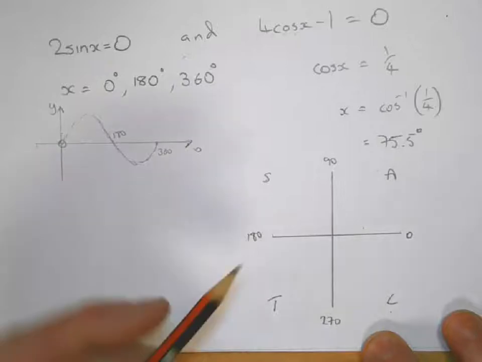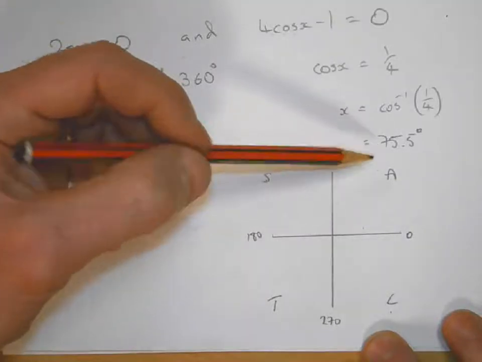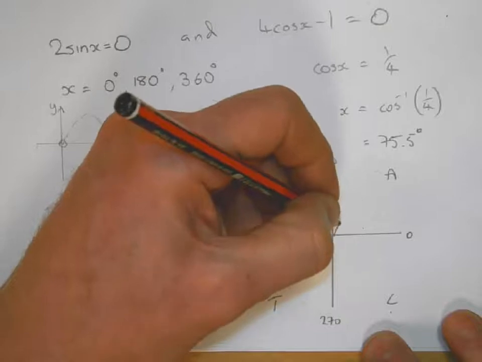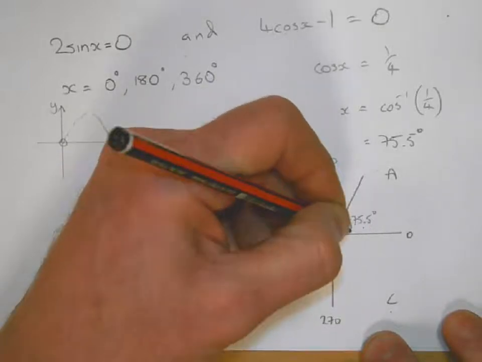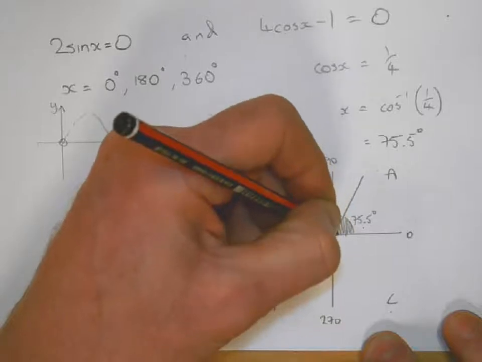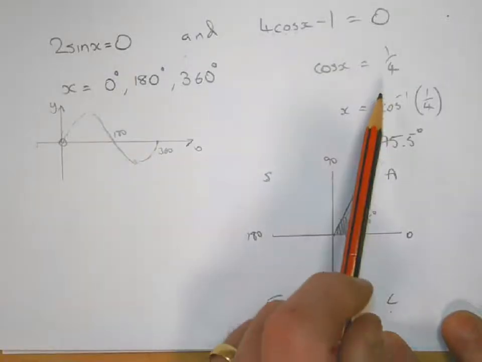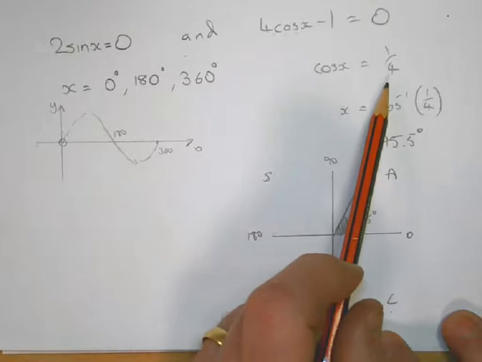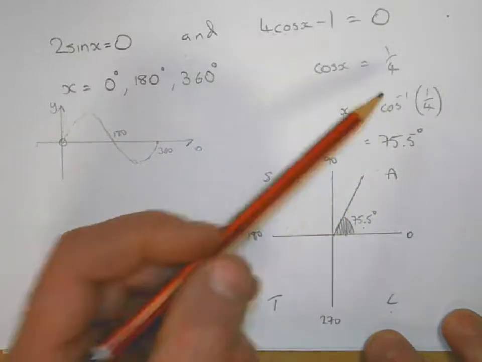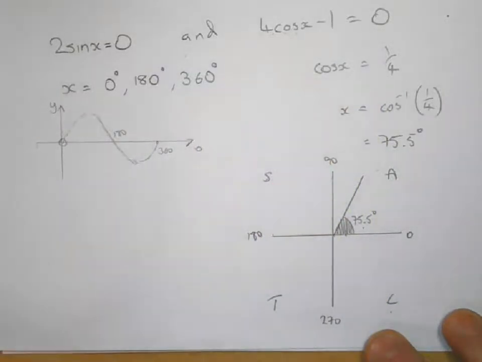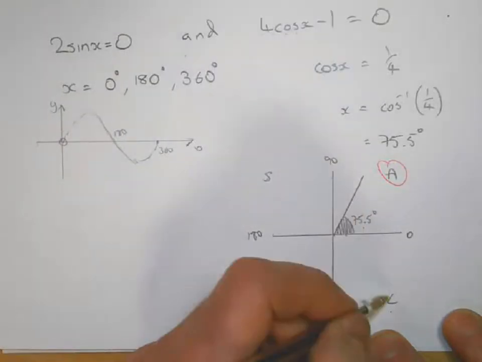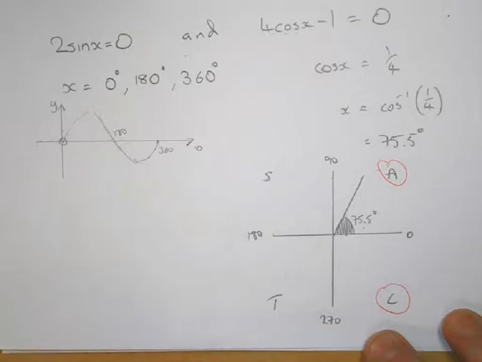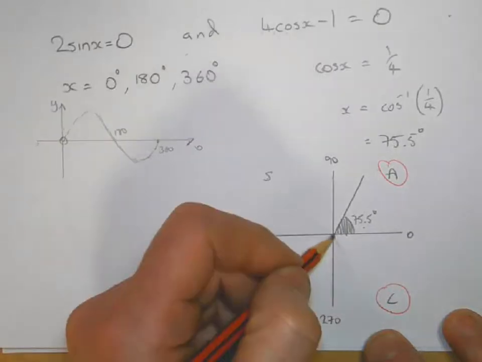Our associated angle is 75.5 degrees, so that's going to be in this quadrant here. Now we have got a quarter here. That means that our angle has got to be where the cos is positive, and the only 2 places where the cos is positive is in All, and also in the cosine quadrant. So we put our associated angle into this quadrant.